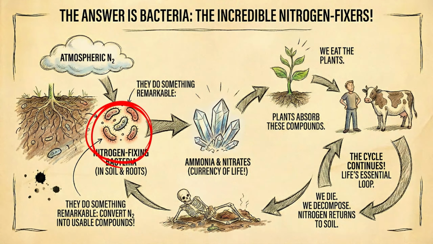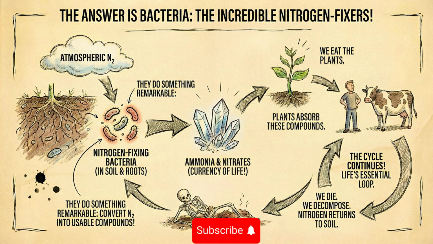The answer is bacteria. Incredible little creatures called nitrogen-fixing bacteria live in soil. They do something absolutely remarkable. They take atmospheric N2 and convert it into usable compounds, ammonia, nitrates. These are the currency of life.